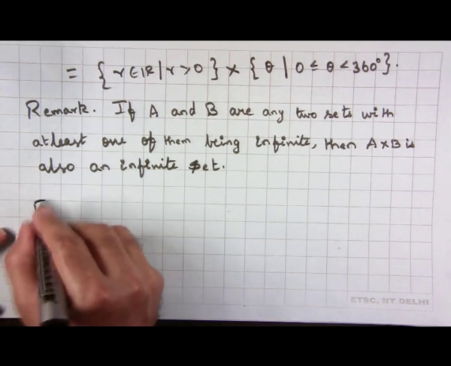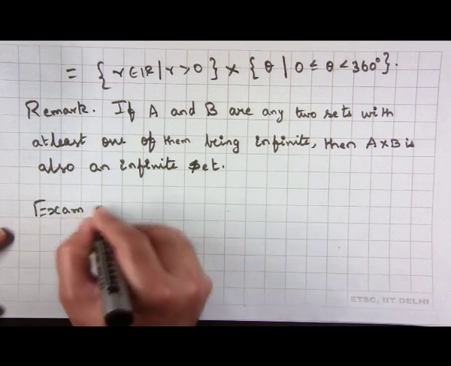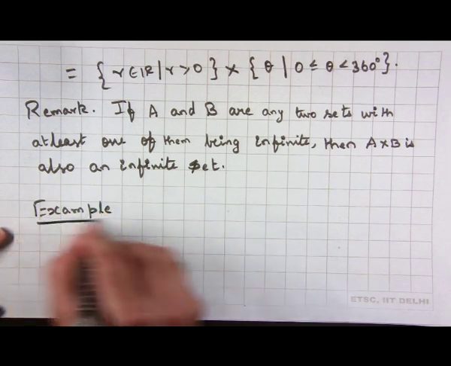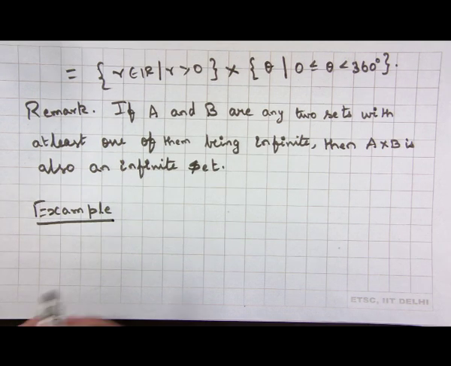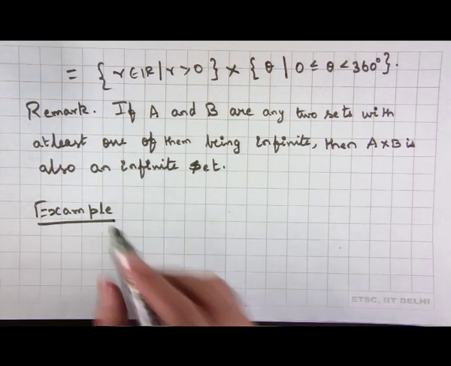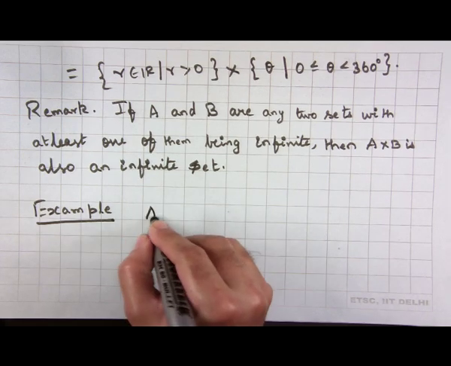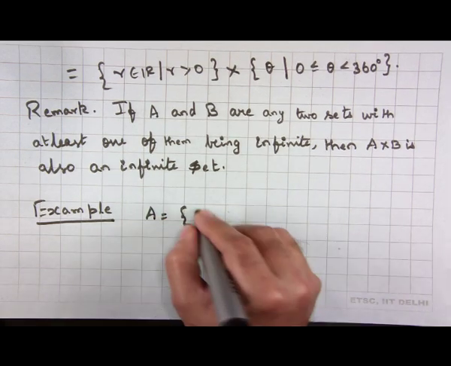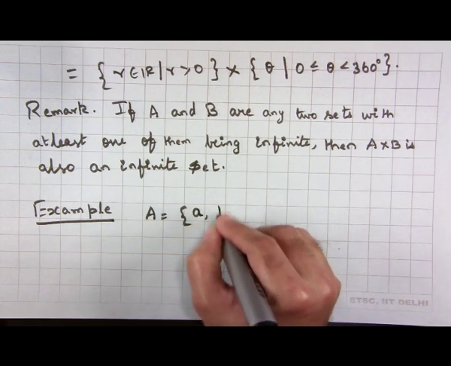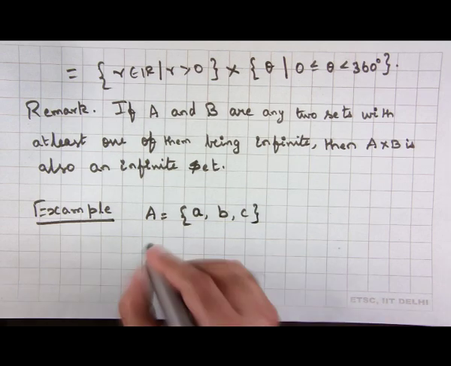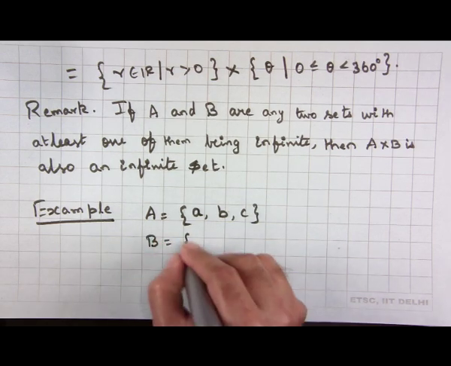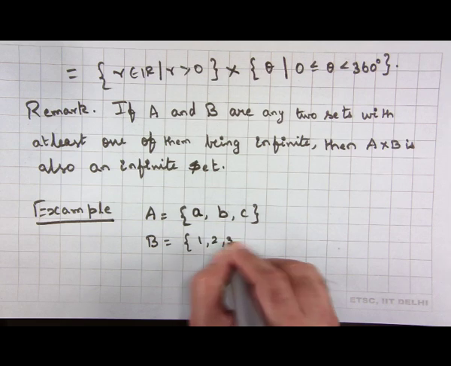So, let us do one simple example. Let us choose A as just small a, small b and small c, and capital B as 1, 2, 3 etcetera.